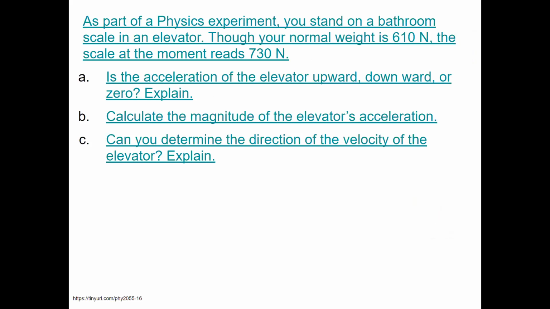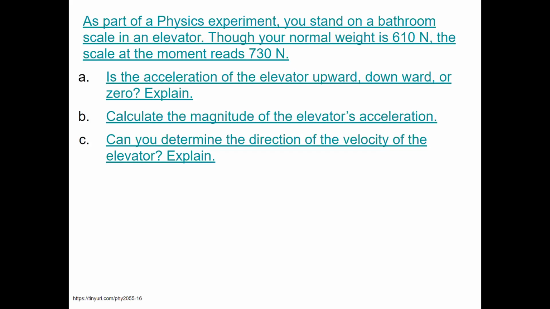So let's take a look at an example with apparent weight. It says as part of your physics experiment, you stand on a bathroom scale in the elevator. In that case, the scale will read your apparent weight. If the elevator is not accelerating, then it's your normal weight, right?